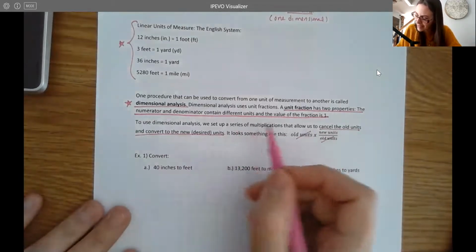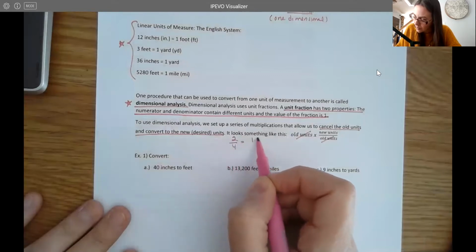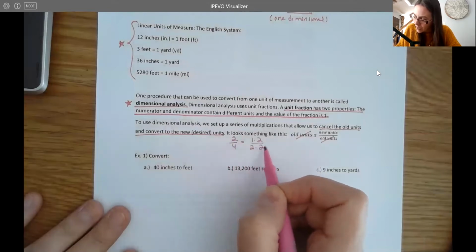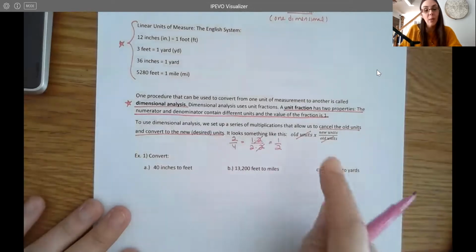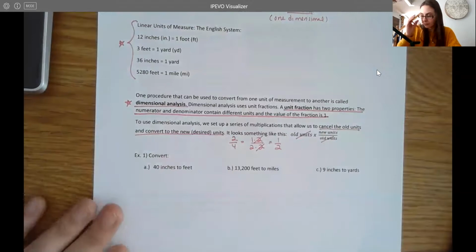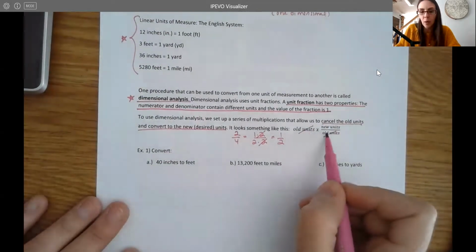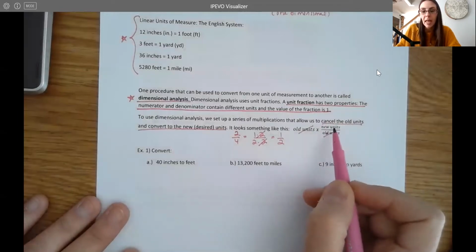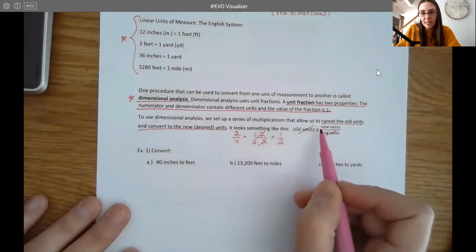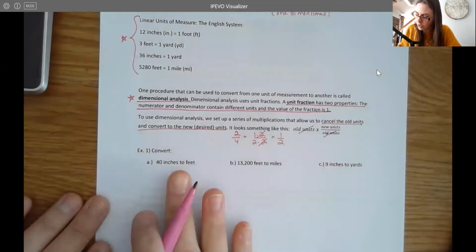For instance, if I had 2/4, I could write that as 1 times 2 over 2 times 2, so you could cancel out those 2's that are in common to help simplify. We can do the same thing with units. The big thing is that you want to divide by the old units and have the new units on top. We have to do it in such a way that this fraction is still 1, so it's still equivalent. Let's try it out.